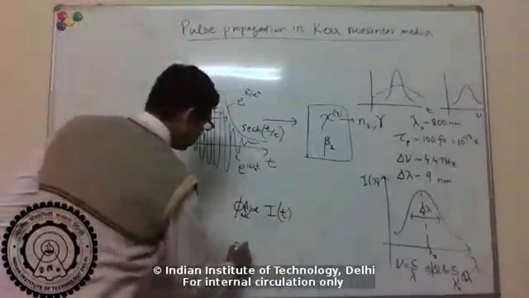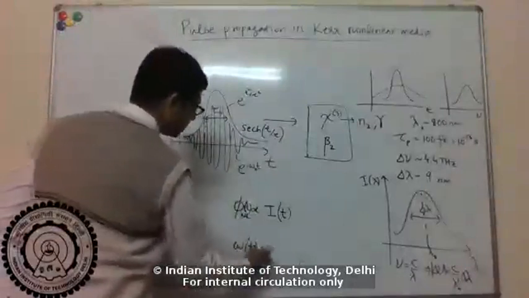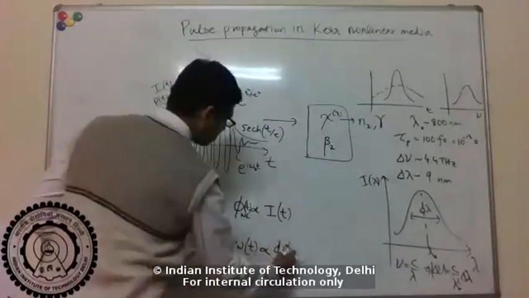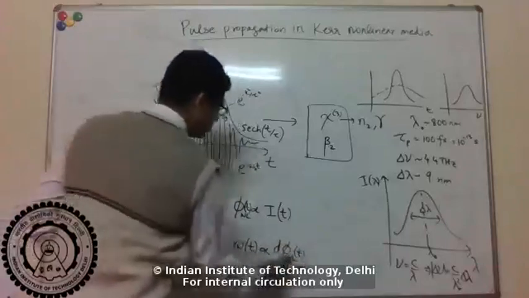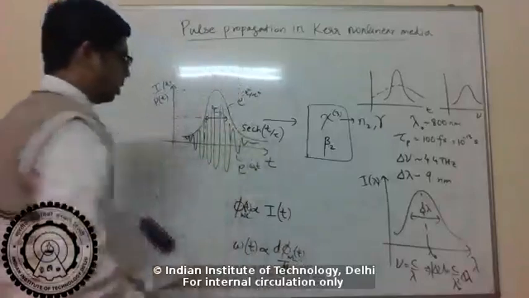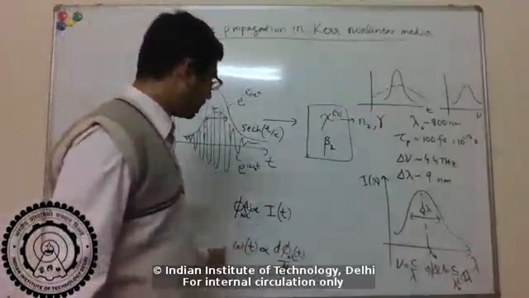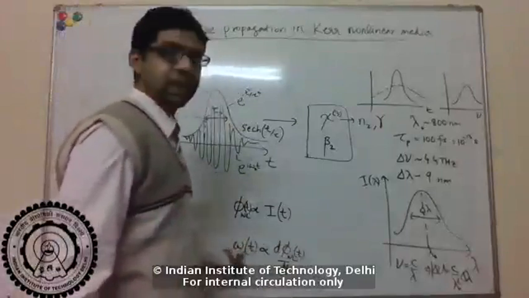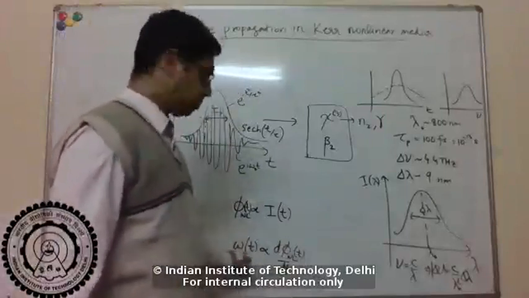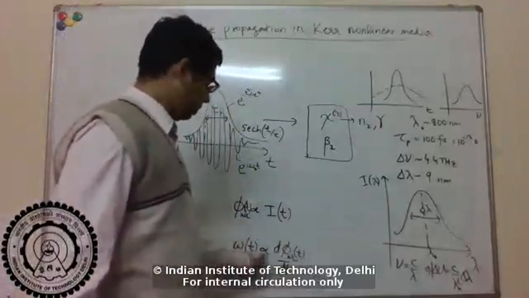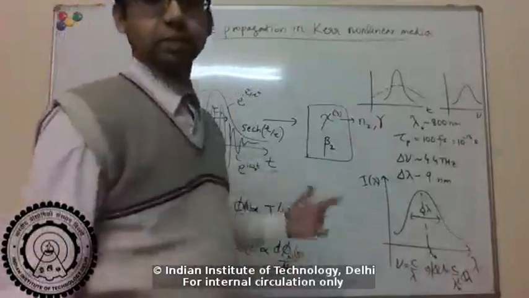Basically, we introduce new frequencies which are time-dependent. This is called a chirp, when the instantaneous frequency in a pulse becomes dependent on time. And that's given by the derivative of the nonlinear phase.